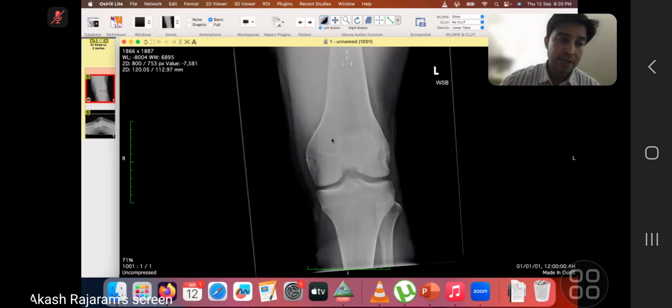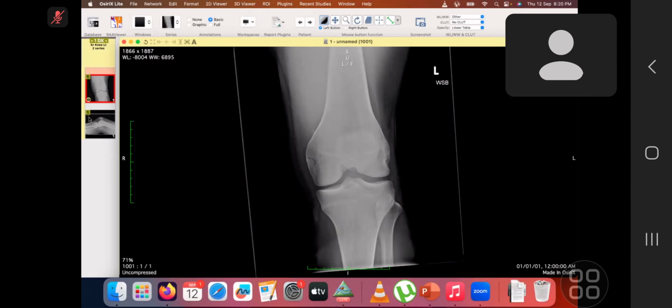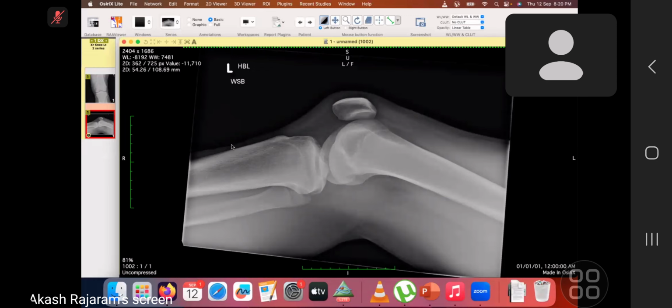Would you like to look at the lateral view? Yes, please. Okay, now I'm presented with the lateral view. I will go through my checklist.